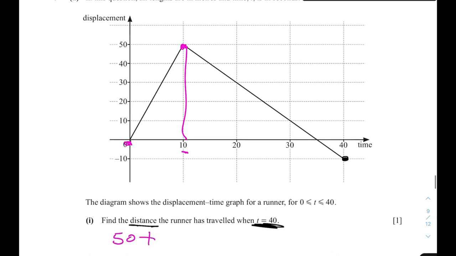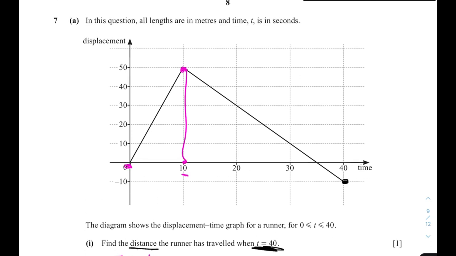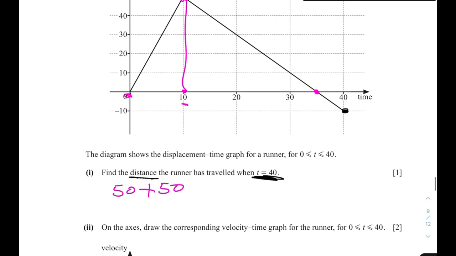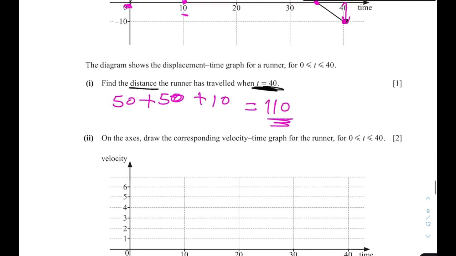So that's 50 plus. Then from 10 all the way to this point, the person has covered another 50, right? And then from this point to here, the person has covered a distance of 10. Please don't write negative 10. It's distance that we are talking about, not displacement. So that's 10. That means that throughout, the person made a journey of about 110 meters.